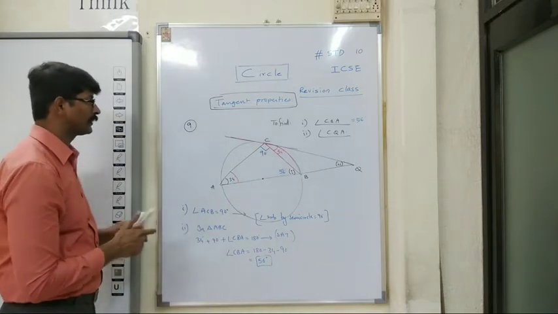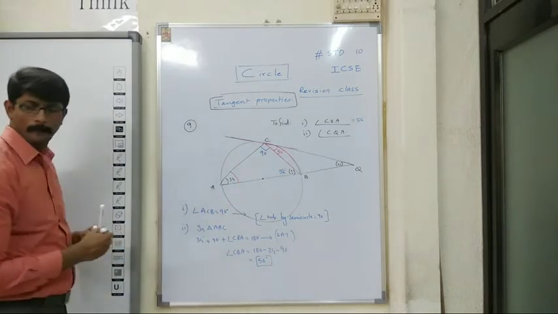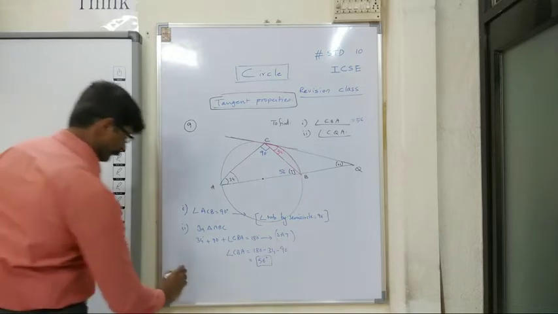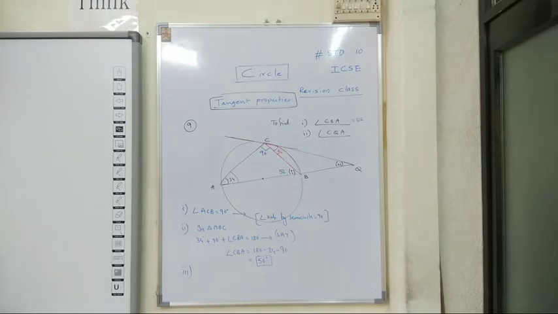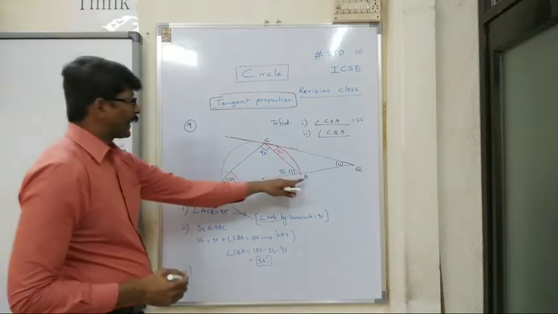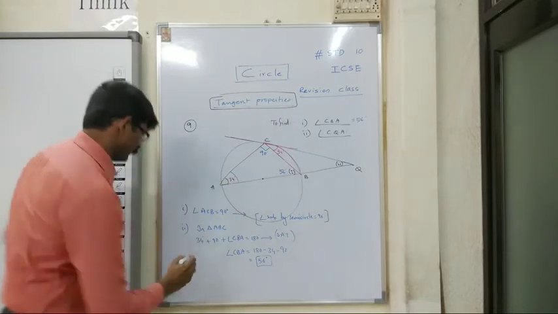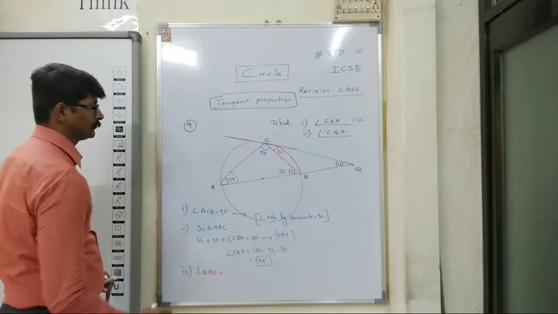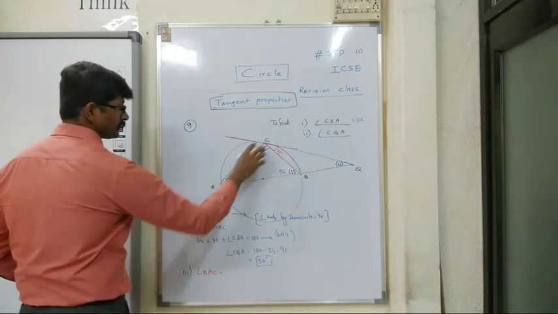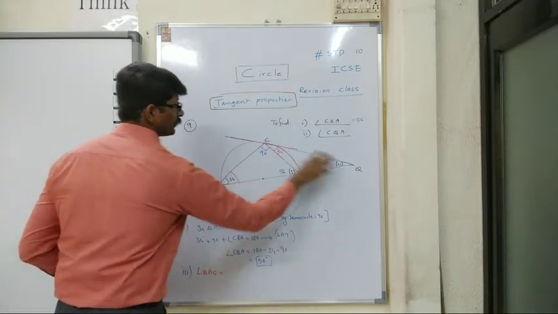So let's start writing these. We're going to write angle BAC is equal to angle BCQ.